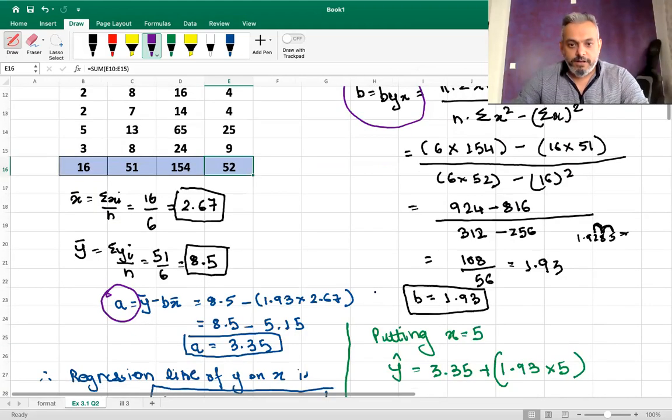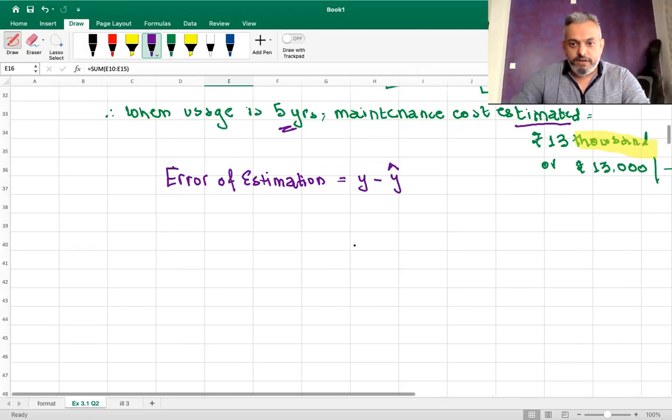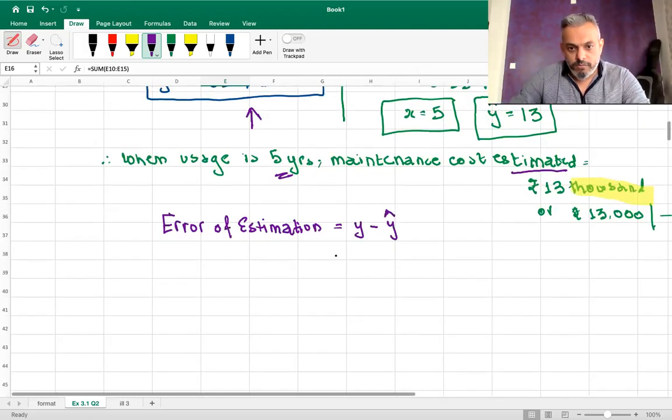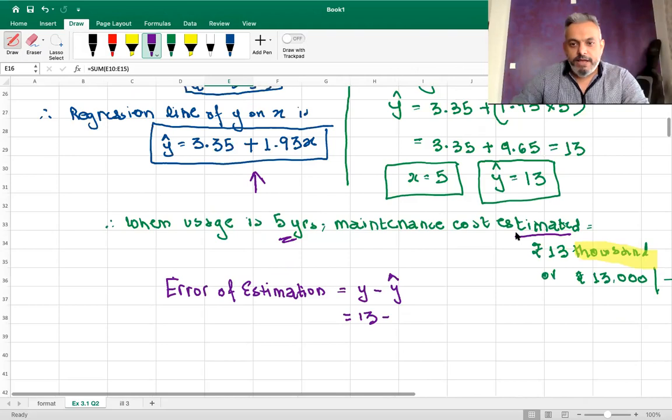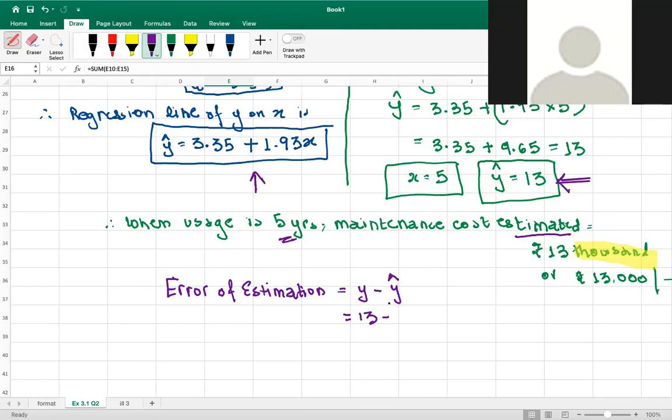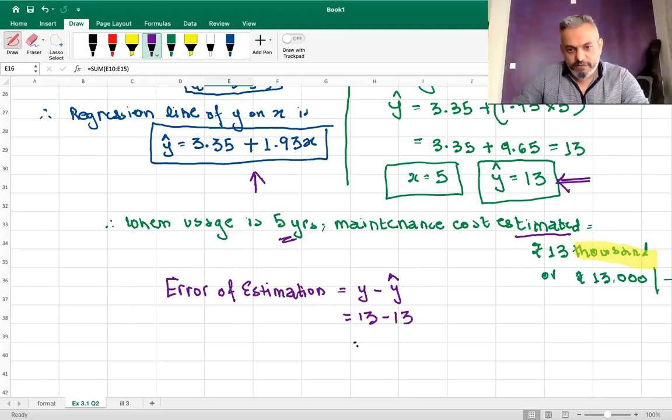So let's come over here, which is equal to 13. What is y cap? What we estimated? Again 13. So over here, what is the error of estimation?